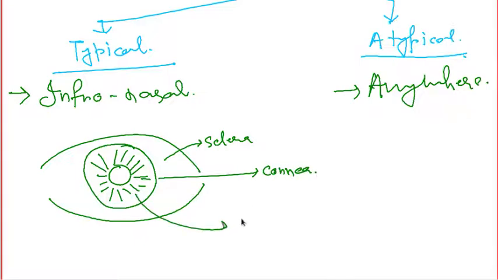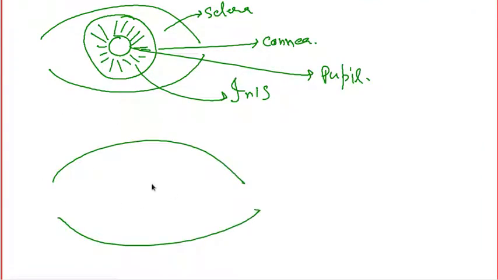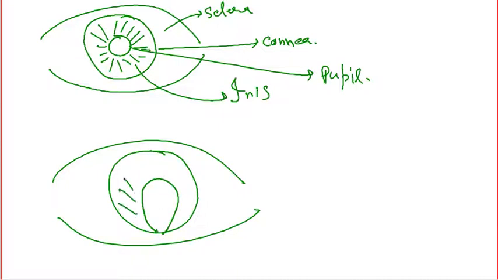But if there is an infranasal defect, it will look like this. The cornea will remain normal, but the defect will look like this.